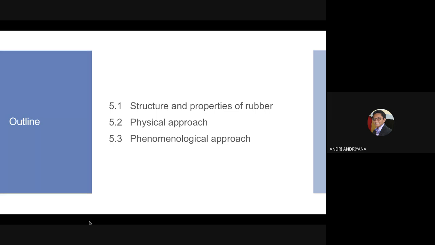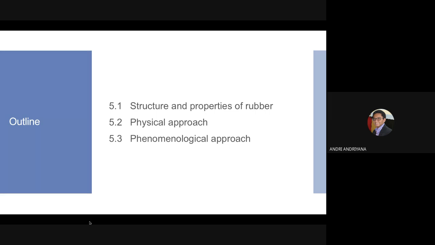The idea is for us to remember the basic important notions relevant to the structure and properties of rubber, because this will be important before we develop a mathematical equation to describe the stress-strain response of the materials.